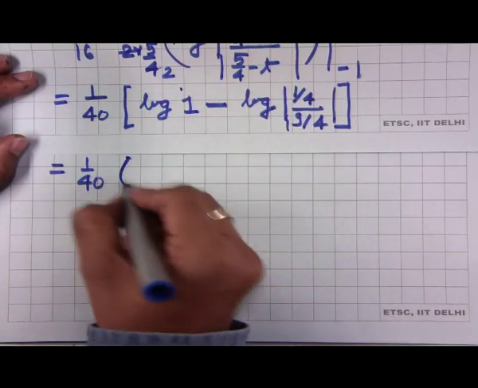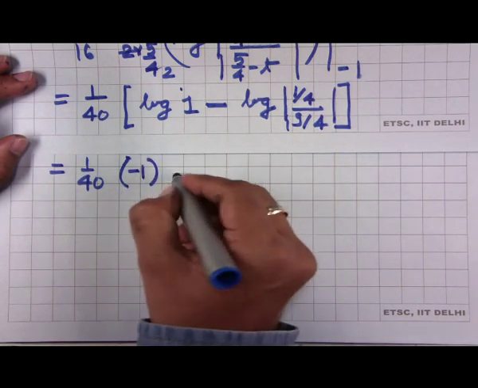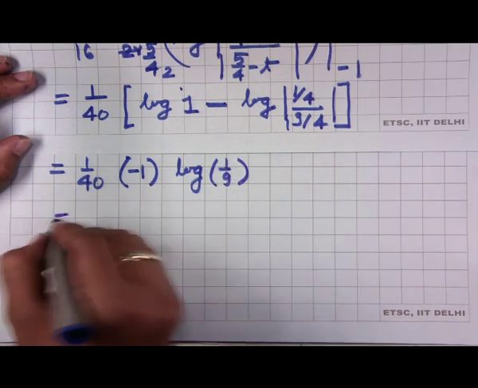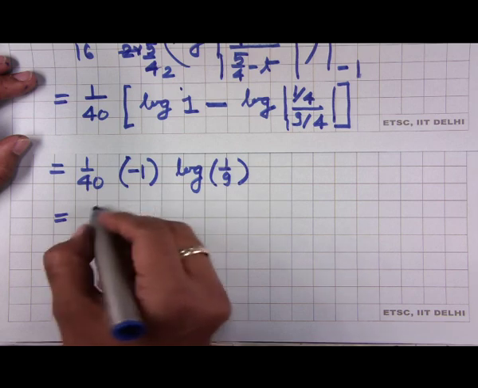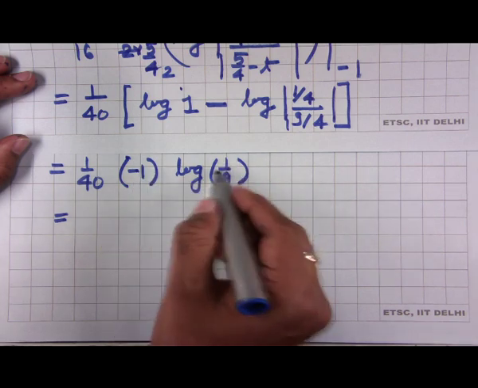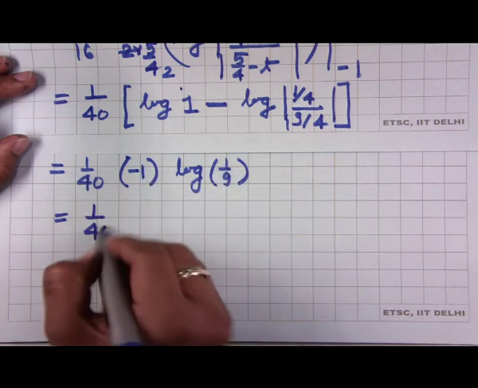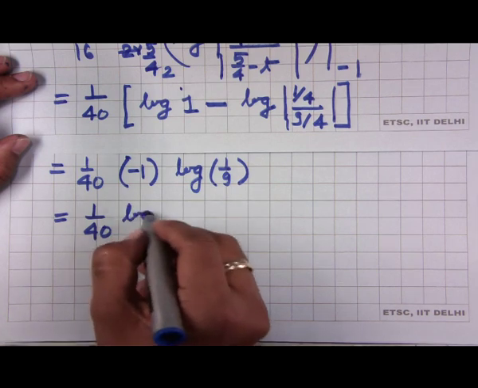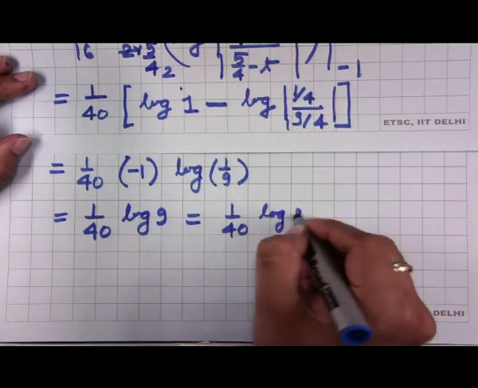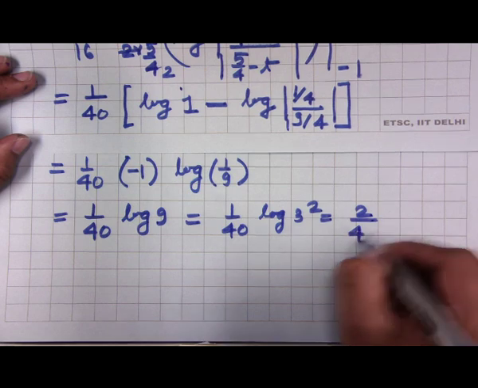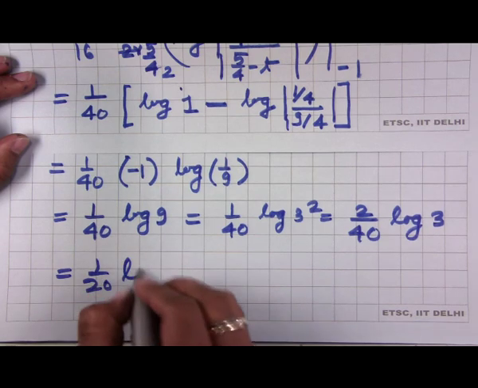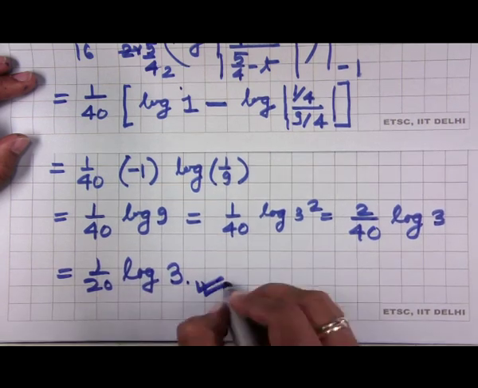Log 1 is 0, then you get minus log 1 by 9, which you can write as 9 to the power minus 1, and this minus 1 will get cancelled using property of log. So you get 1 by 40 log 9, which you can write as log 3 square, that is 2 log 3. So 1 by 20 log 3 is the final answer.